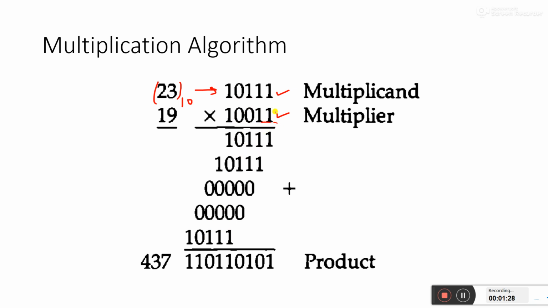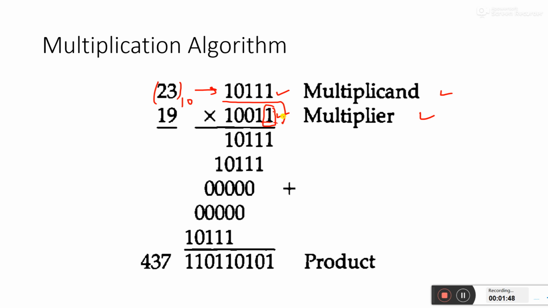Okay, so now we have the multiplier and the multiplicand. We will take a single bit of the multiplier. In this case we have taken 1, and whenever there is a 1, the whole number is copied as it is.